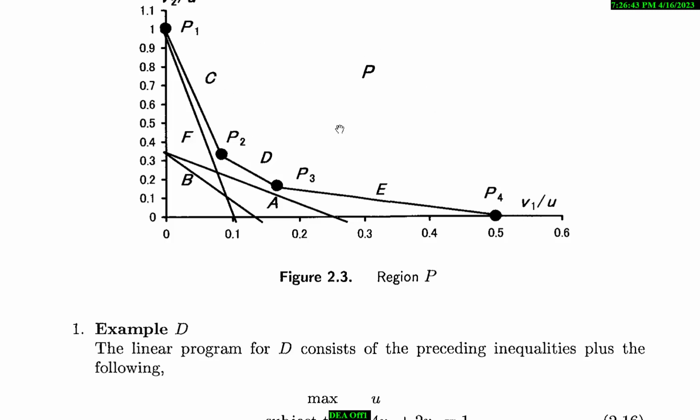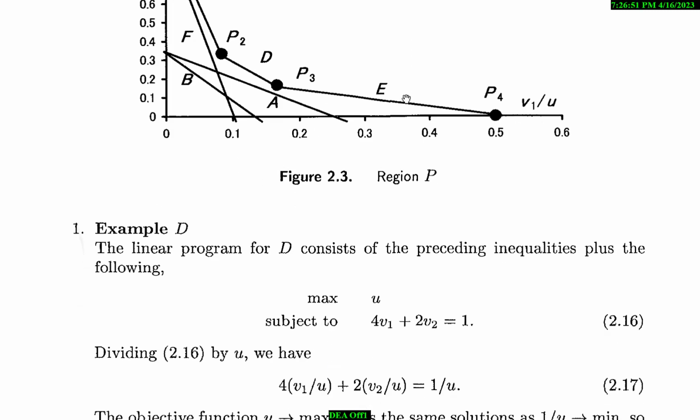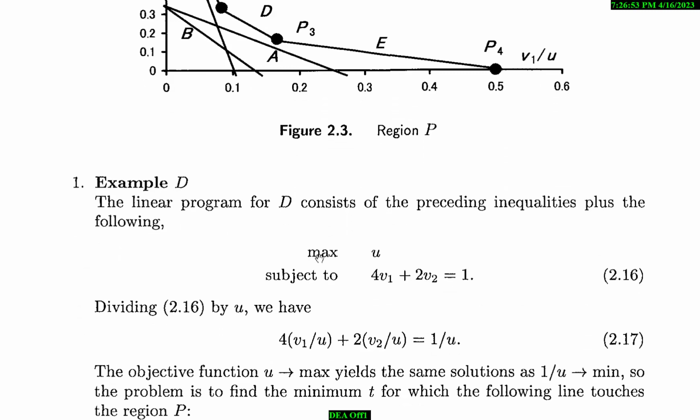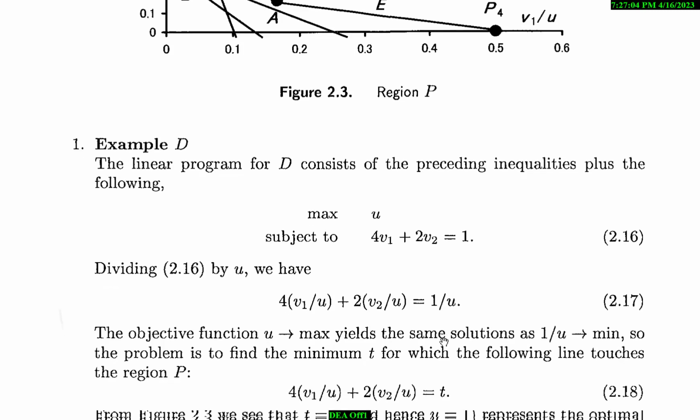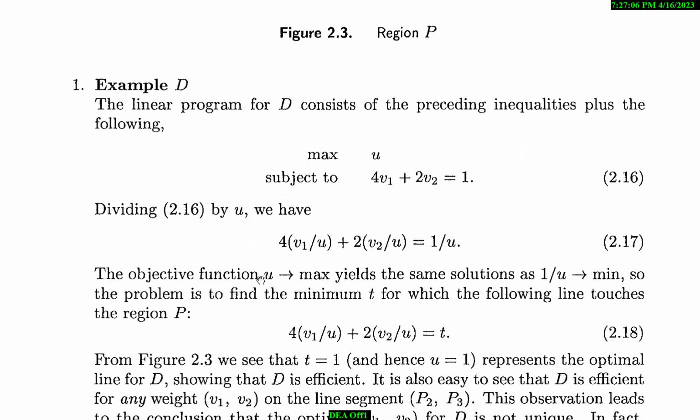So we have this feasible region, and for each DMU we want to, for example, for DMU D, maximize U when we have this. We divide both sides by U, we have this. We know maximizing U is equivalent to minimizing its inverse.